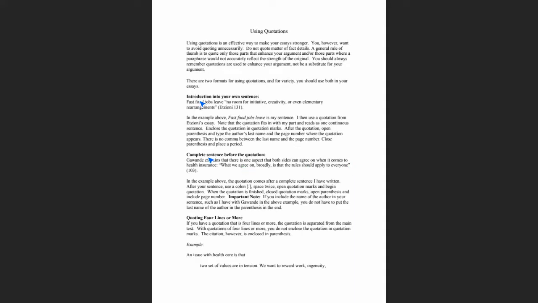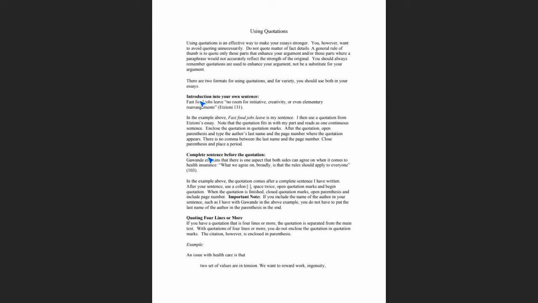Let me also bring up some other points here. Whenever you introduce a quotation, you want to make sure that that introduction tells your reader why you're using this quotation. How is it serving your essay? How is it serving your point? So you see here where I give an explanation of what this quotation is going to do.